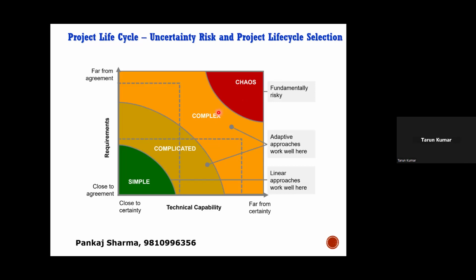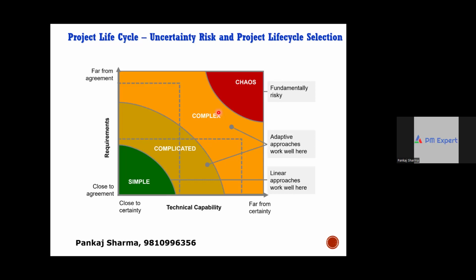So the fundamental conclusion from this Stacey's complexity model is that for projects that are simple, complicated, complex, and chaos, there cannot be a one-size-fits-all approach. Are you getting my point? Different projects require different types of treatment.